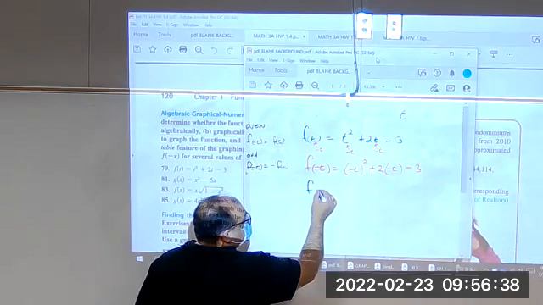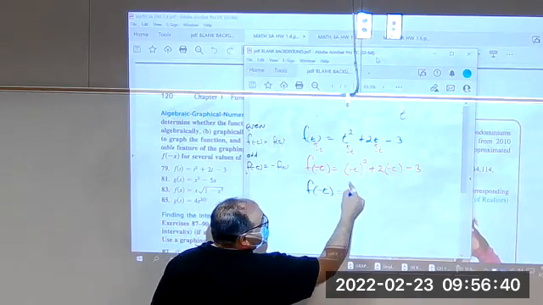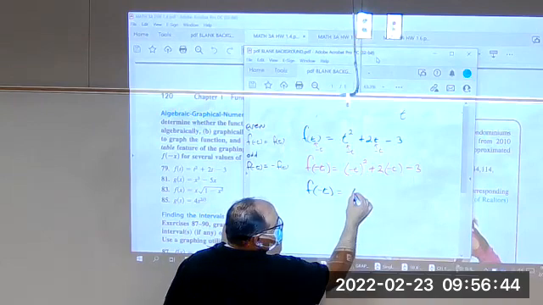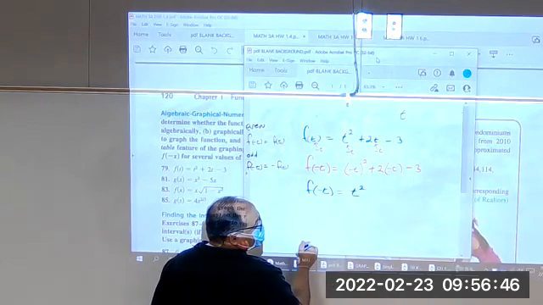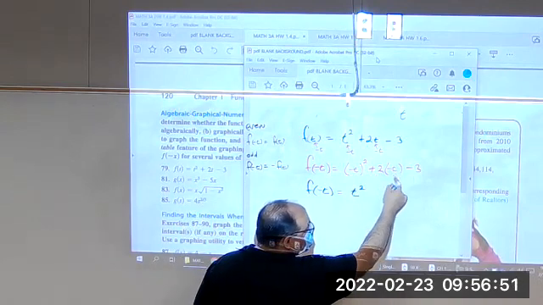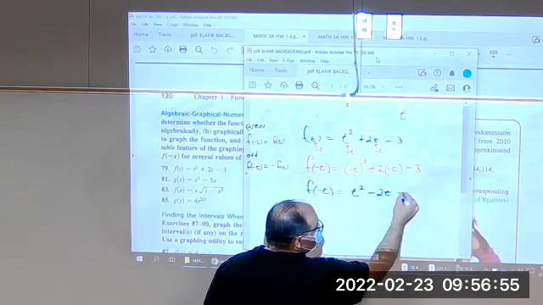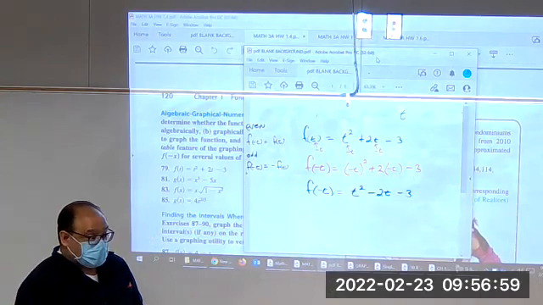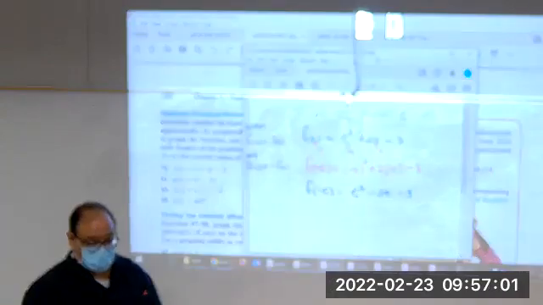So f of negative t: a negative t times a negative t, a negative t to the second is positive t squared. Positive 2 times negative t is negative 2t. And that's a minus 3. That's exactly what you get when you plug in negative t.